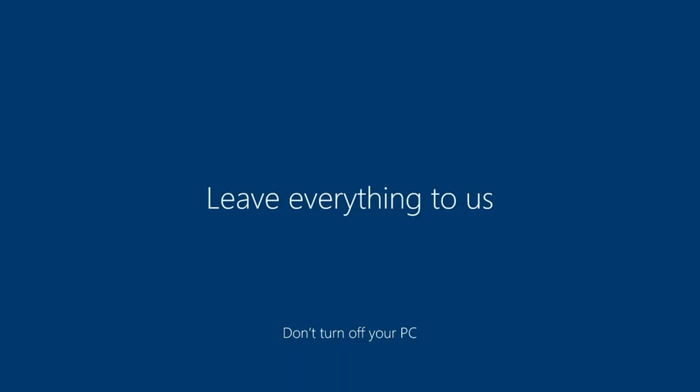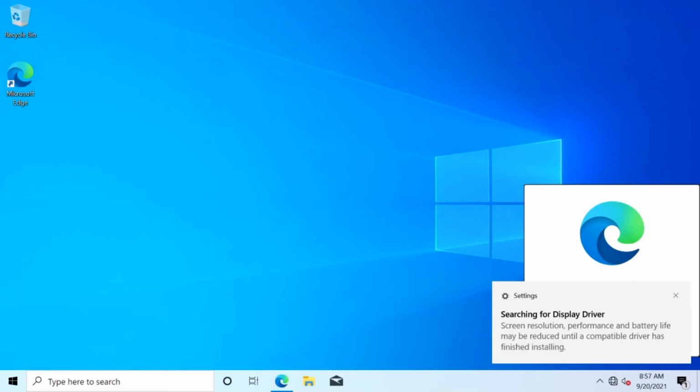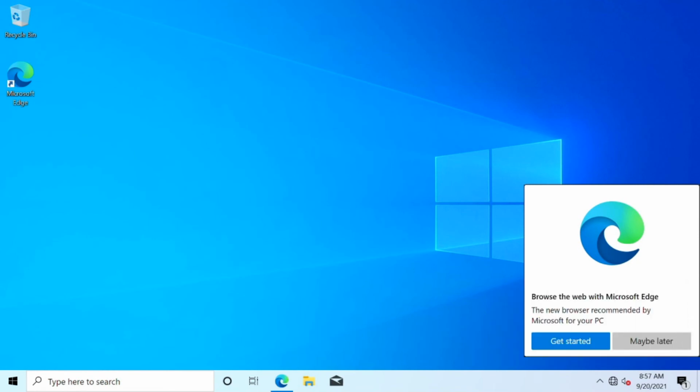At this point, it will wrap up the profile creation, which may take another minute or two, and then leave you with a blank desktop. At this point, you can go ahead and clear the initial notifications and then plug it into the internet to get your Windows updates rolling.